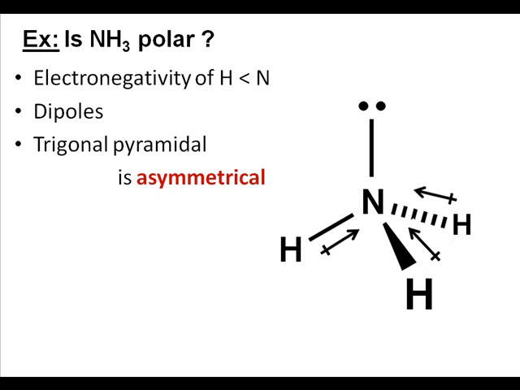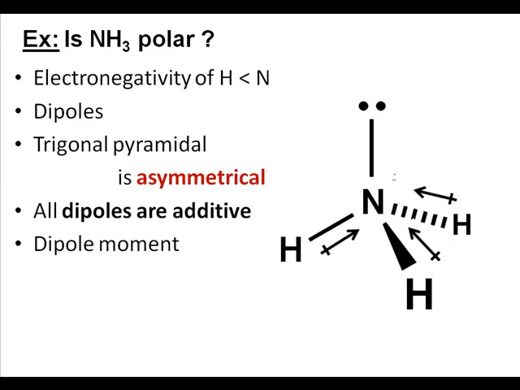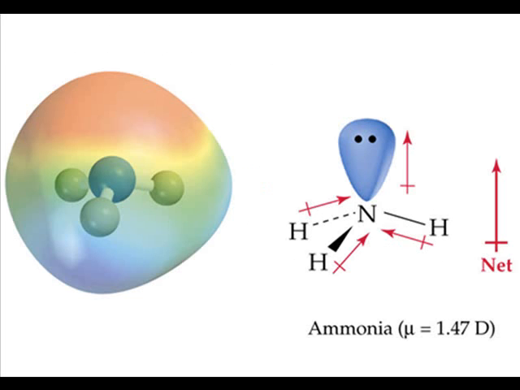And because the polar bonds are not symmetrical, the overall molecule itself is polar. And the vector shown on the right is the total direction of the dipole. So when you have ammonia, ammonia is considered a polar molecule.